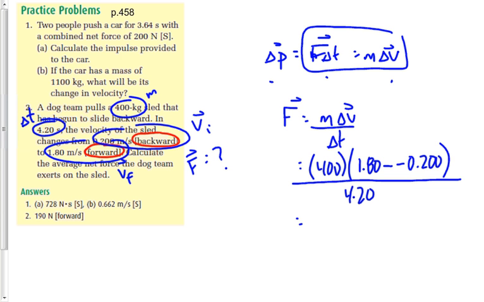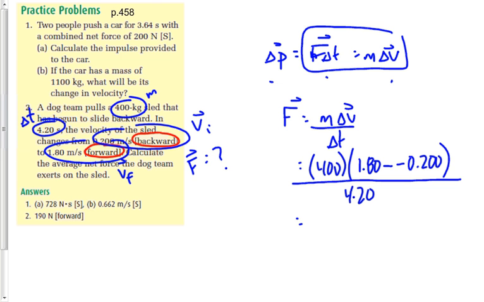1.8 minus 0.2 is not 1.6. How many people put 1.6 first and then realized they had the wrong answer? 1.8 minus negative 0.2 is what? 2. Okay. Here's a question that we could get on a unit test easily, and it's a question that we can all get correct.